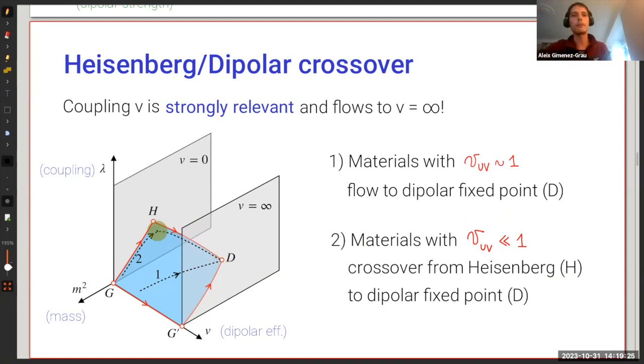I'm going to explain later what it means to follow this trajectory when you do an experiment. But the thing to keep in mind is that you would do an experiment and maybe see Heisenberg behavior in certain regimes, and dipolar behavior in others.